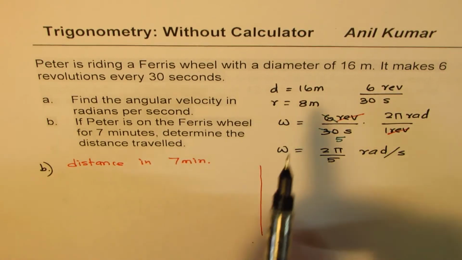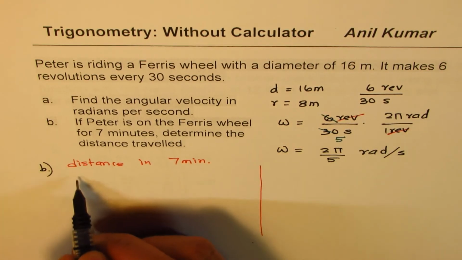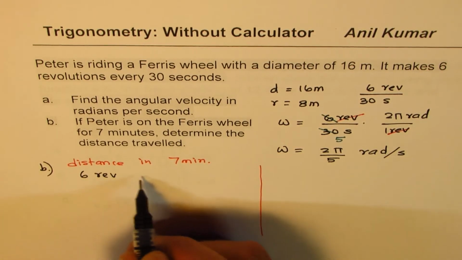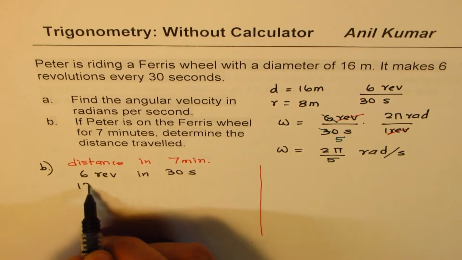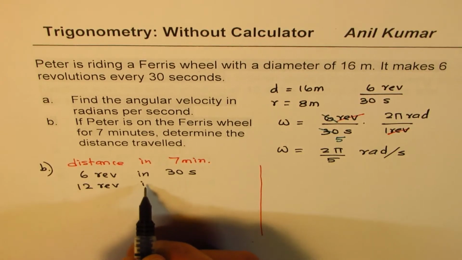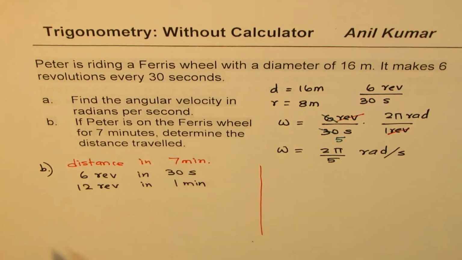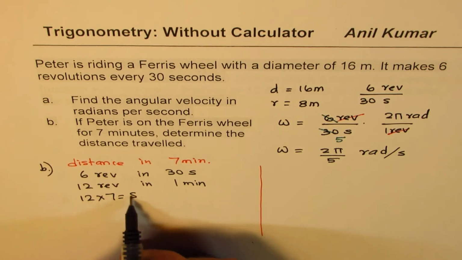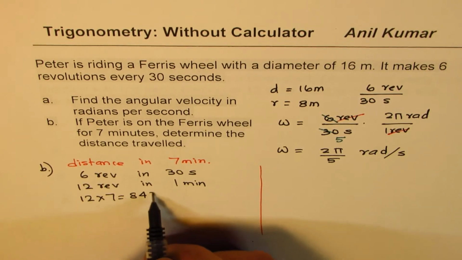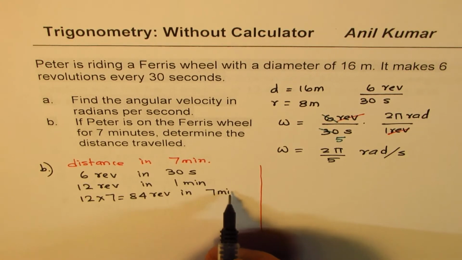Now what we are also given is 6 revolutions in 30 seconds. That means 12 revolutions in 1 minute. Is it okay? So in 7 minutes, how many revolutions? 12 times 7, which is 84 revolutions in 7 minutes. Is it okay?